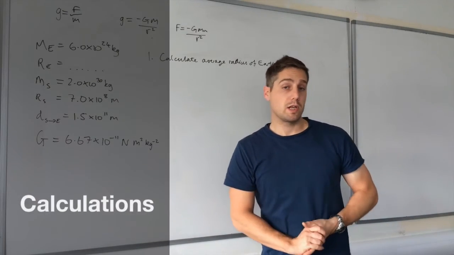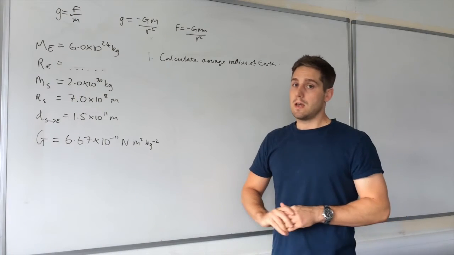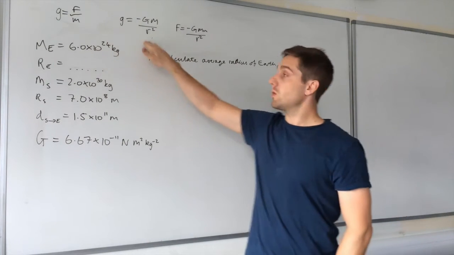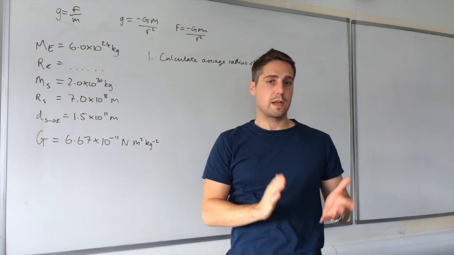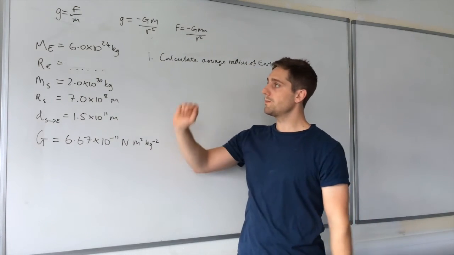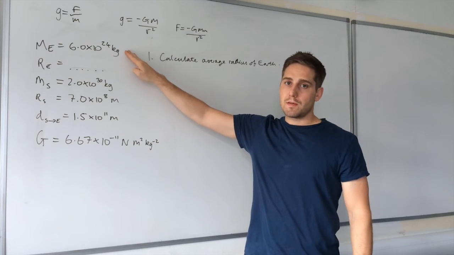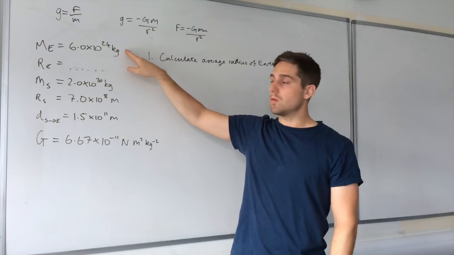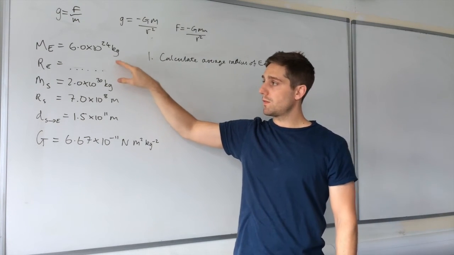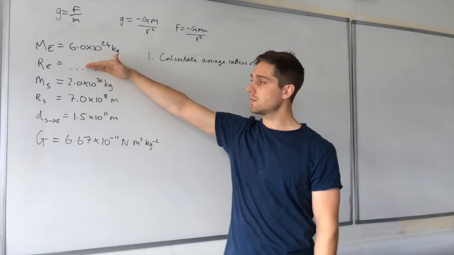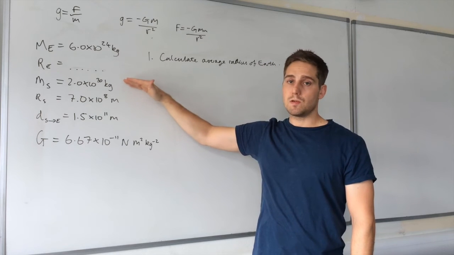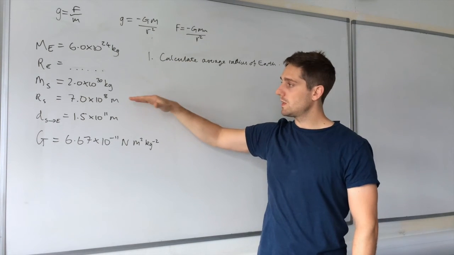Okay, let's do some calculations for gravitational fields. Up here, I've got the equations that you'll need to be using, and down the left here are some data values that you'll need to use as well. So we've got the mass of the Earth, 6.0 times 10 to the 24 kg. The radius of the Earth would go here. We're actually going to be calculating it in the first one, so I haven't put it in here yet. The mass of the Sun, 2.0 times 10 to the 30 kg.